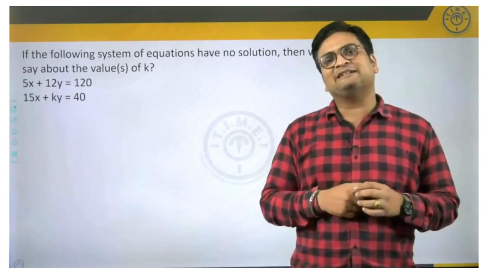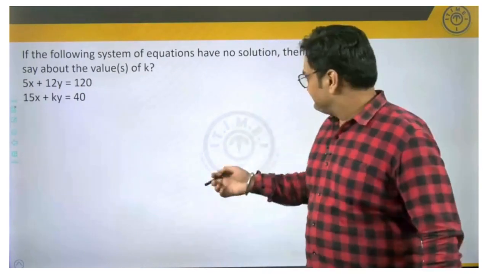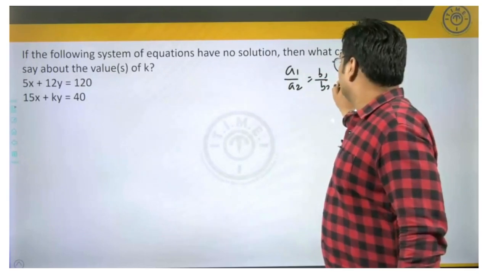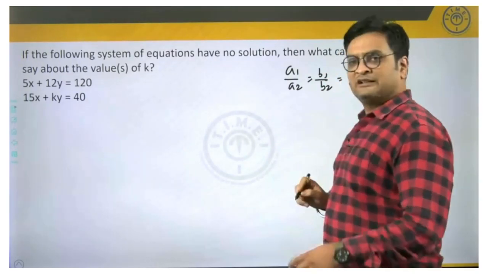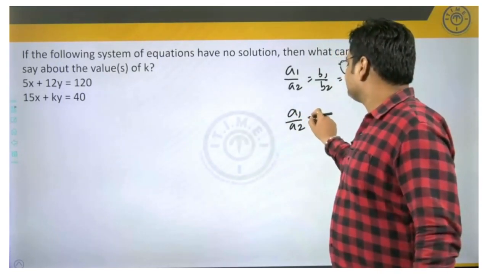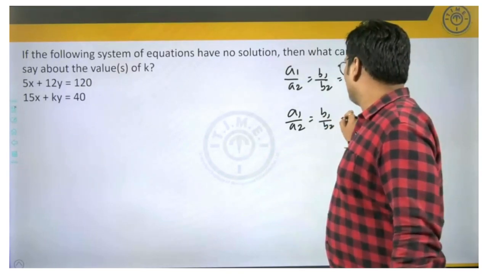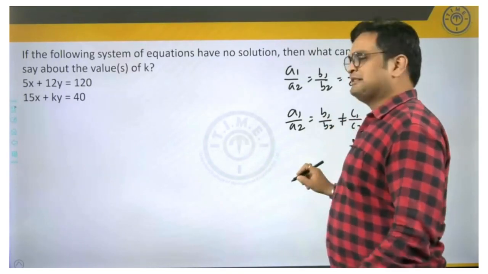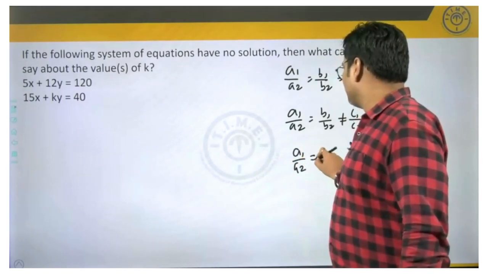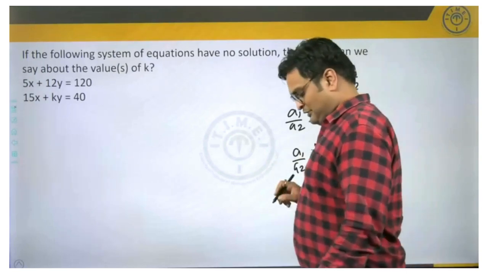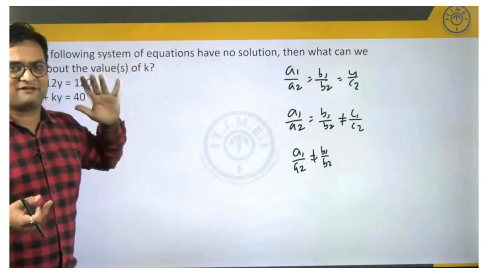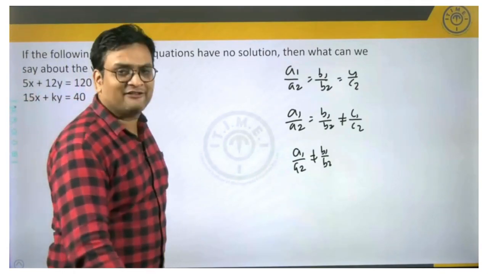Just to recap, the condition for infinite solutions is A1 by A2 equal to B1 by B2 equal to C1 by C2. Condition for no solution is A1 by A2 equal to B1 by B2 not equal to C1 by C2. Condition for unique solution is A1 by A2 not equal to B1 by B2. So if you know these conditions, then any candidate will be able to tackle such questions no matter how complicated the language of the question is.